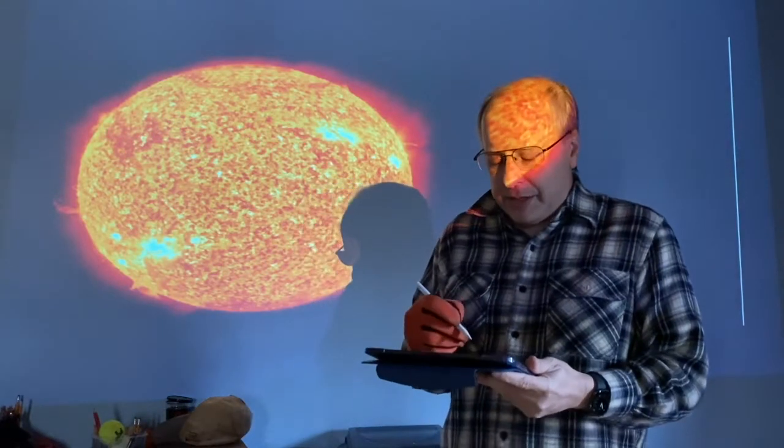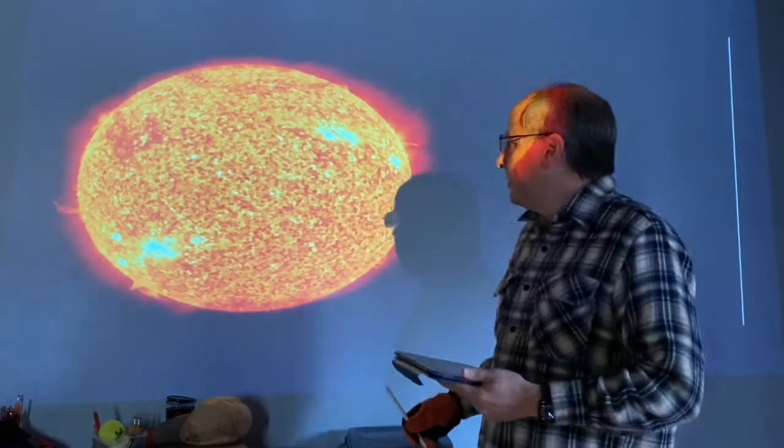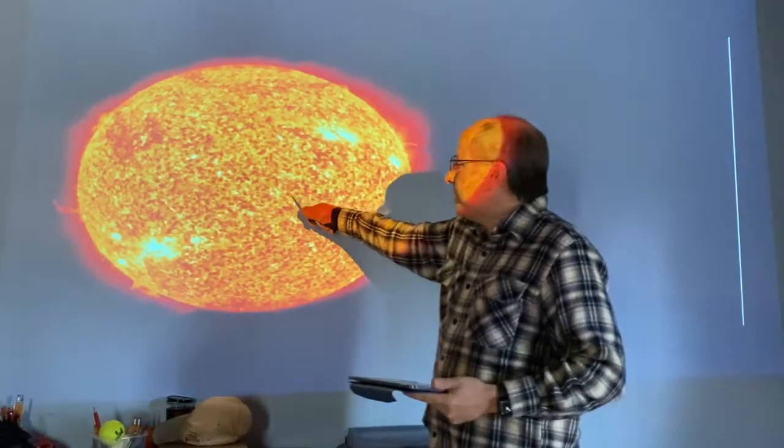At one time, the sun was almost all hydrogen, and it still kind of is mostly hydrogen. And in the core of the sun, we're having so high a temperature that the hydrogen is turning into helium and producing lots and lots of energy.